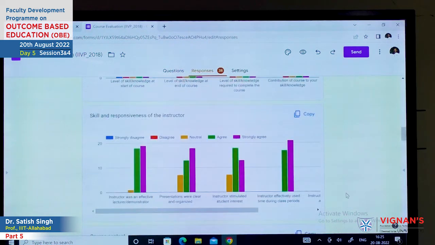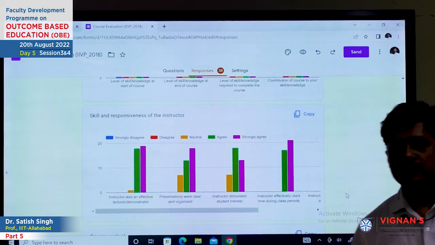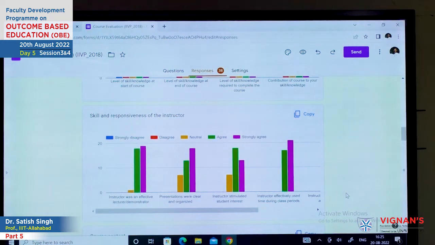Then, skill and responsiveness of the instructor. The instructor was an effective lecturer or demonstrator. Agree, disagree kind of thing. So, on a 5-point scale, they are just rating. Presentations were clear and organized.